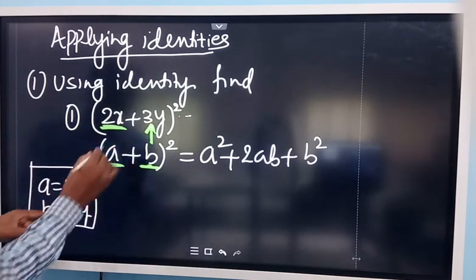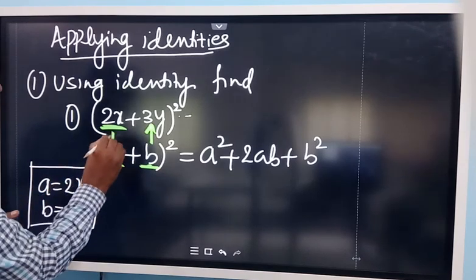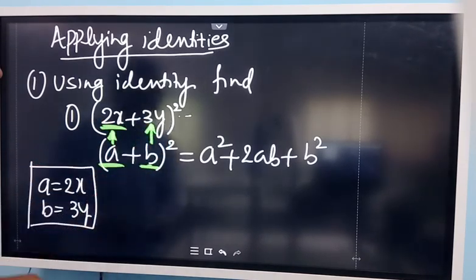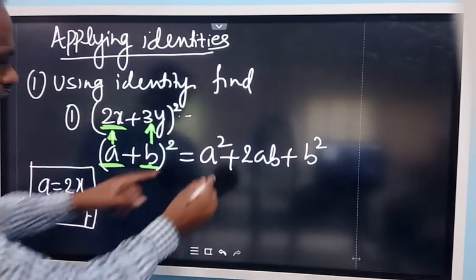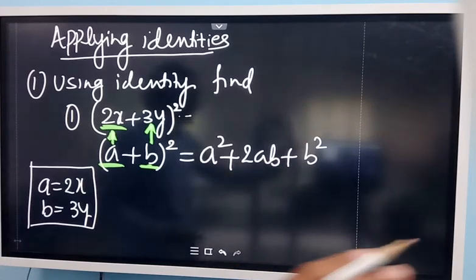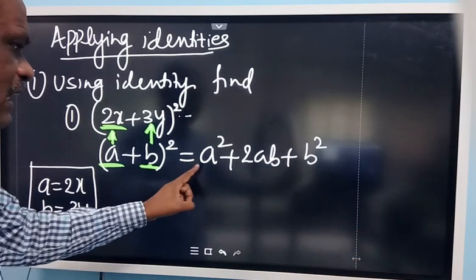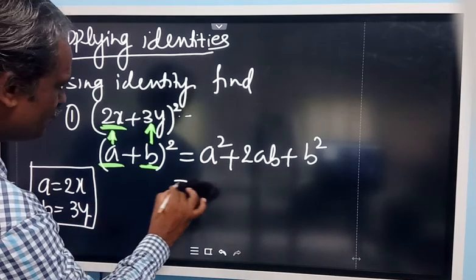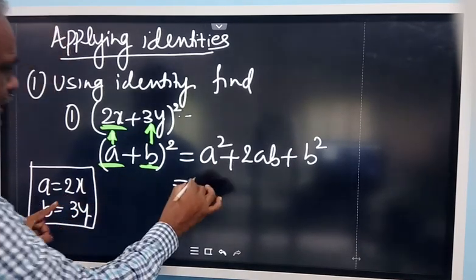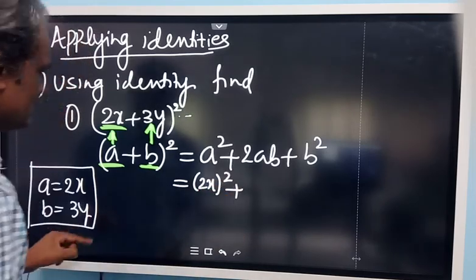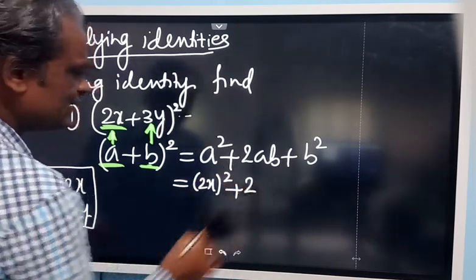(2x + 3y). Look at this. A value, you can write 2x. B value, you can write 3y. So here in this identity, we have a, b only. So a value 2x, b value 3y. So substitute now. A value, it is (2x) whole squared plus 2, let us write as it is.